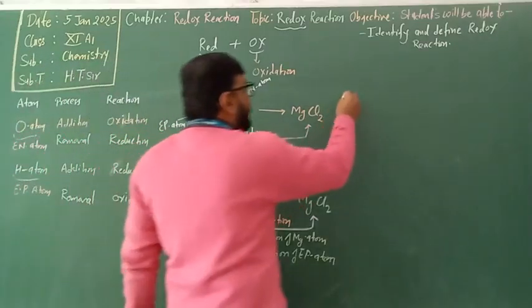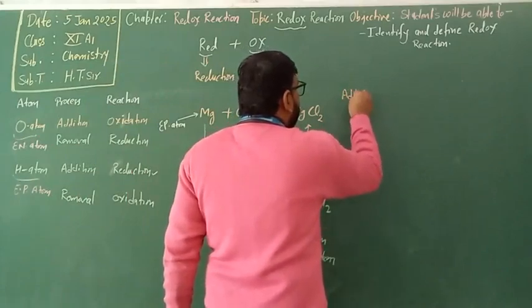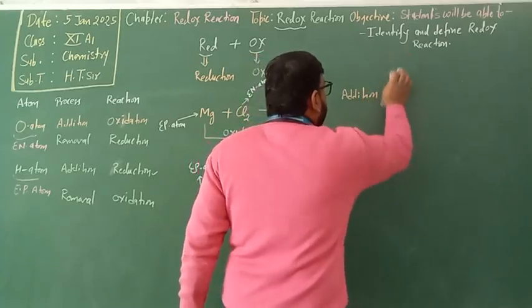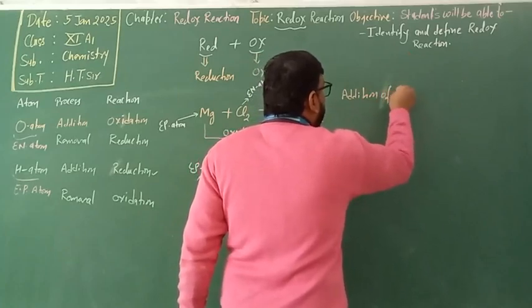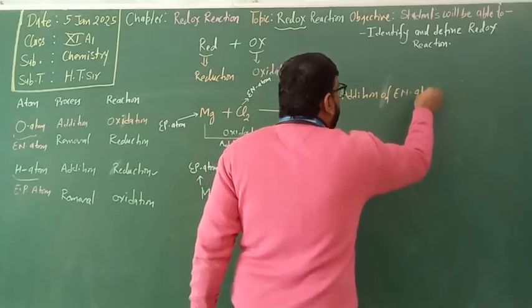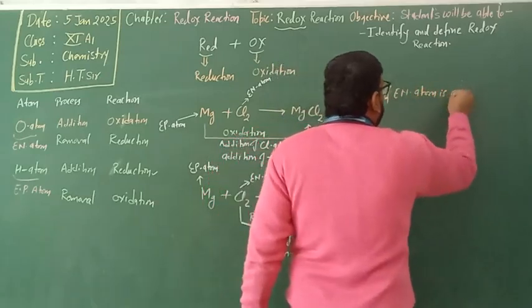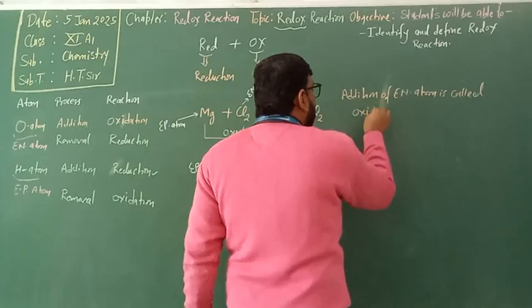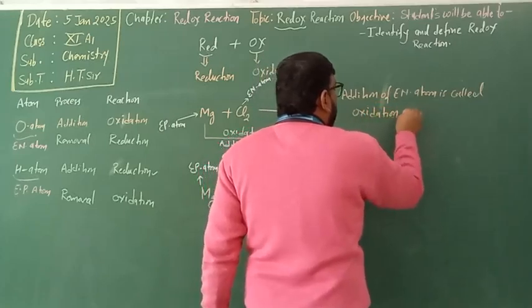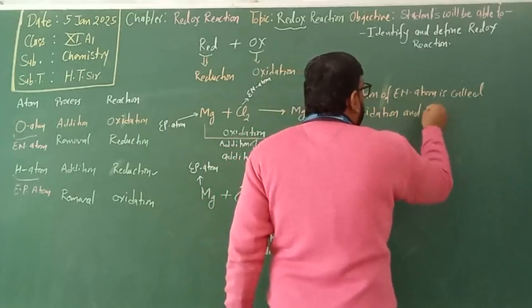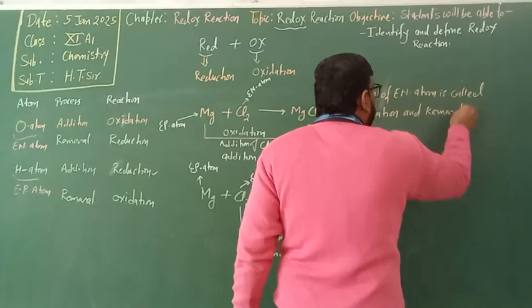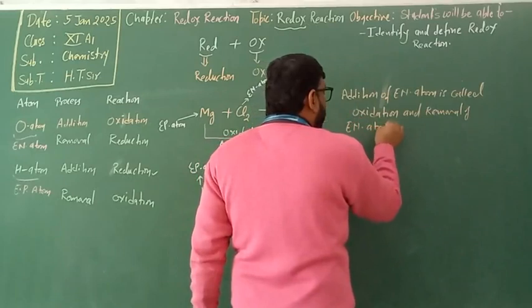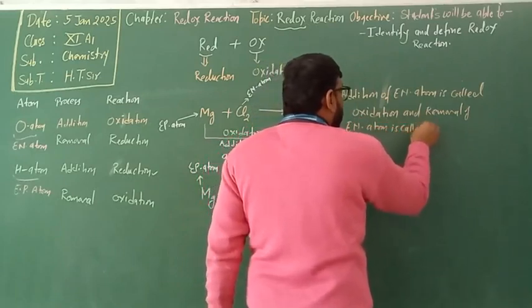So we can write: addition of an electronegative atom is called oxidation, and removal of an electronegative atom is called reduction.